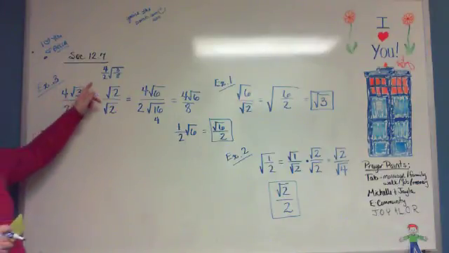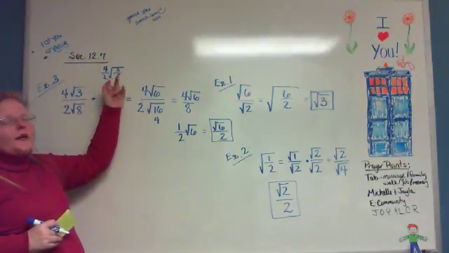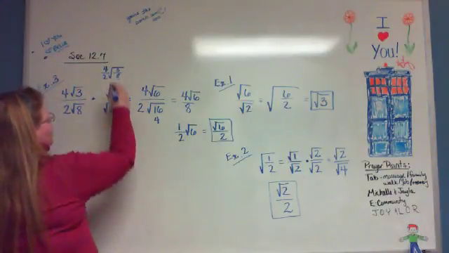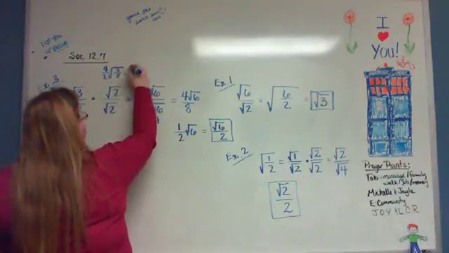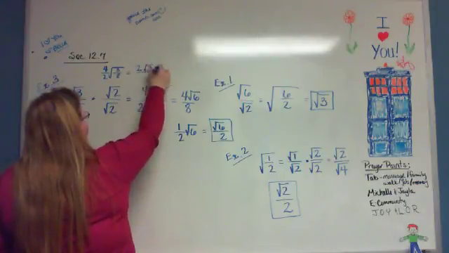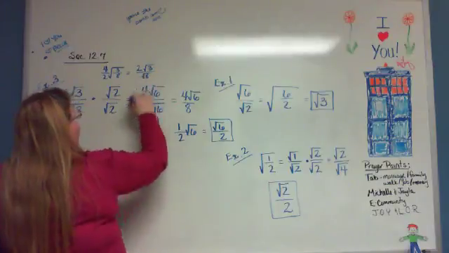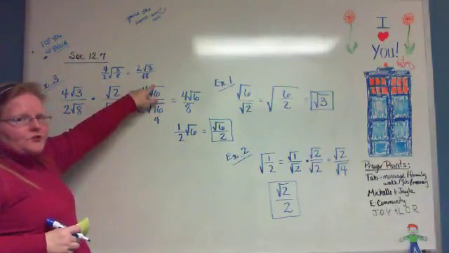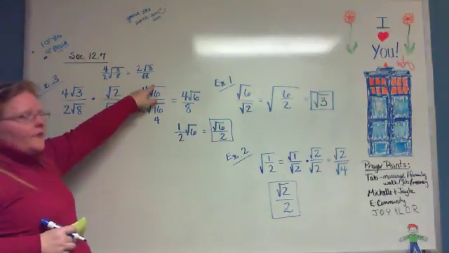Now, I hope you're wondering why I didn't go ahead and reduce it up here. I could have. I could have made this a 4, instead of the 4 over 2, a 2 square roots of 3 over the square root of 8, but I'd still have that radical on the bottom, and that's what I was really trying to deal with.